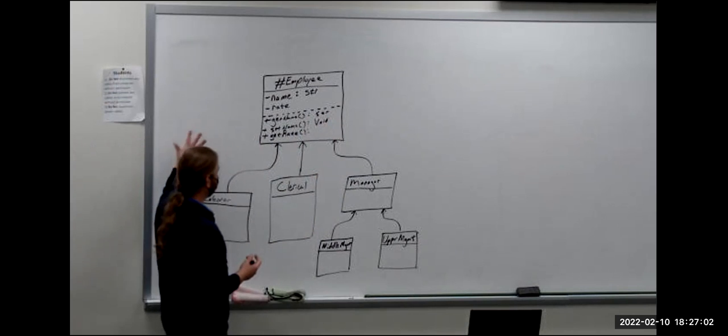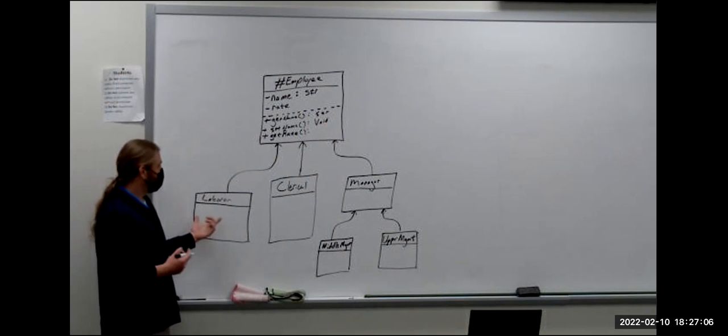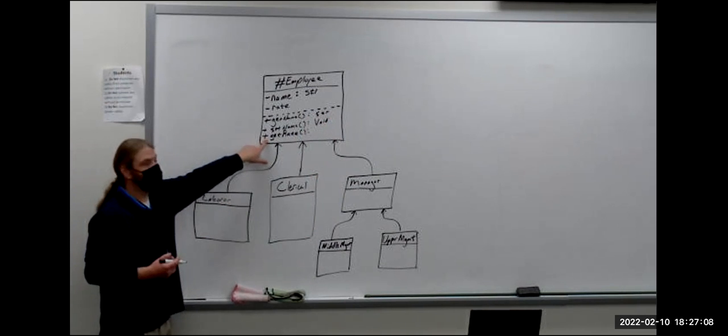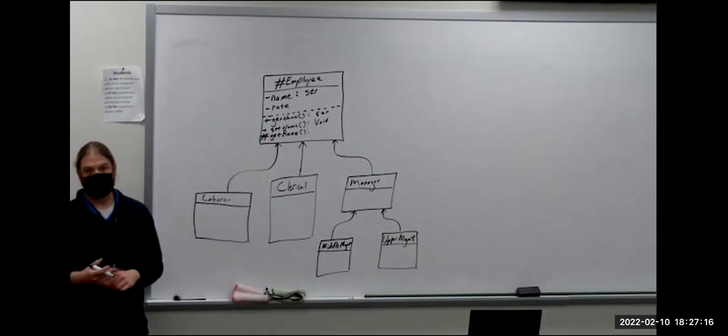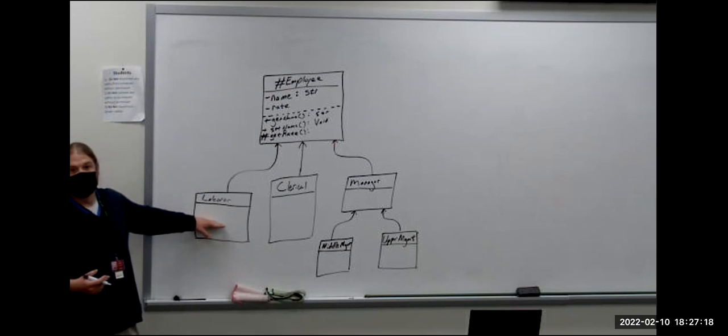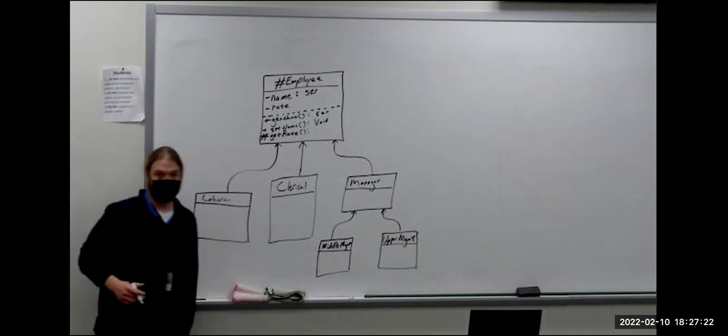Get rate though, we can't really define the method here. So that's why it needs to be abstract. Up here, we know every employee is going to have a rate, but we can't define it until we get down here and know whether it's an hourly employee or a salaried employee.